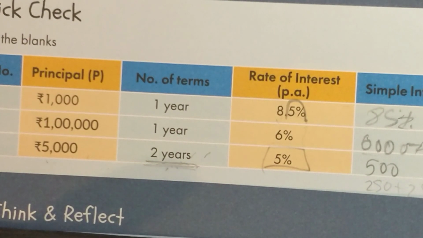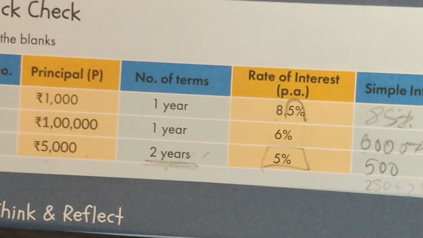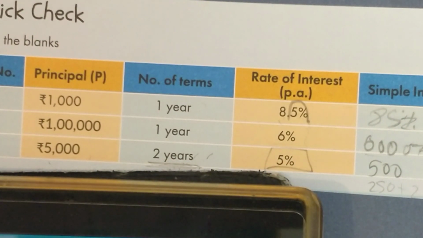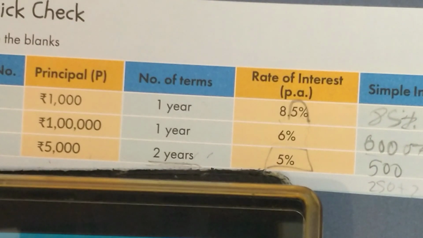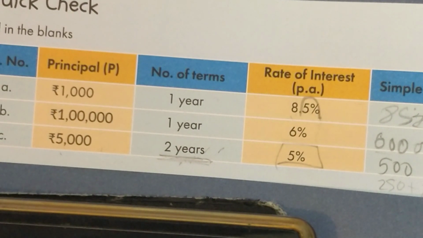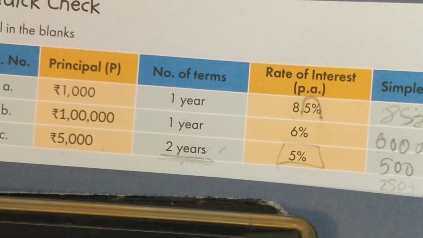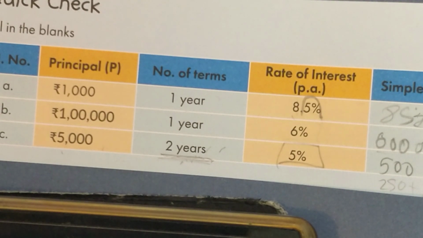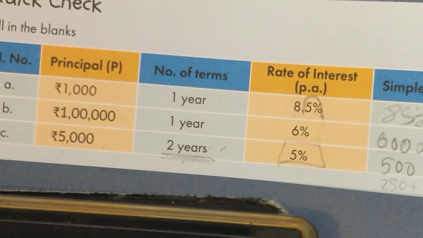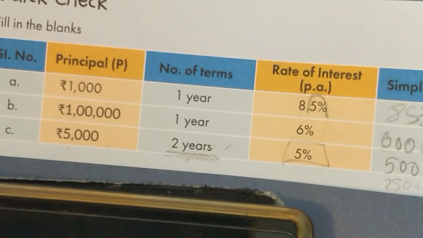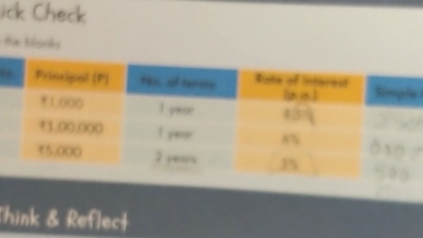It's 1000 into 1 year, we're going to put 1, and then the rate of interest is 8.5, so we're going to do into 8.5 divided by 100. Okay, and that's how it works.